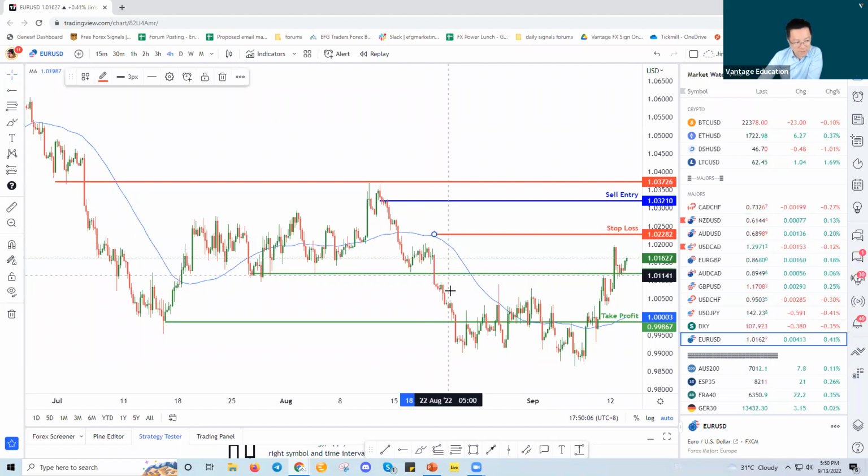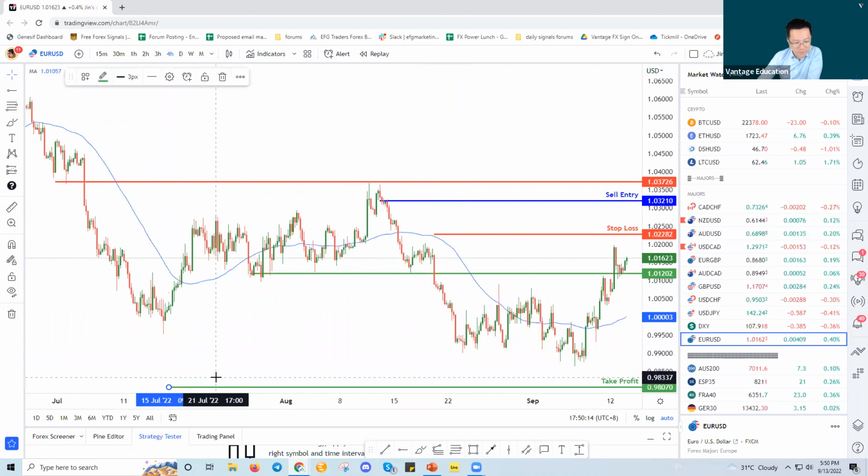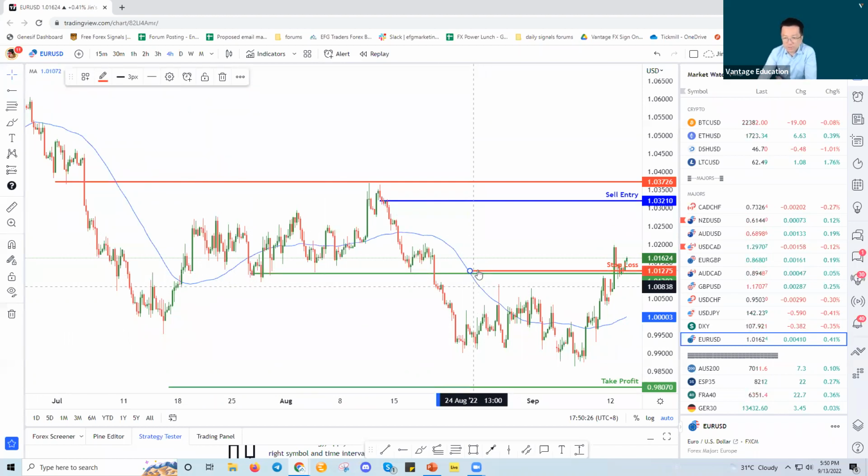As it comes down strongly, let's say you didn't have your take profit there, you had take profit thinking that you get to 0.98, then as it comes down, you move your stop loss towards the next level along that moving average line.